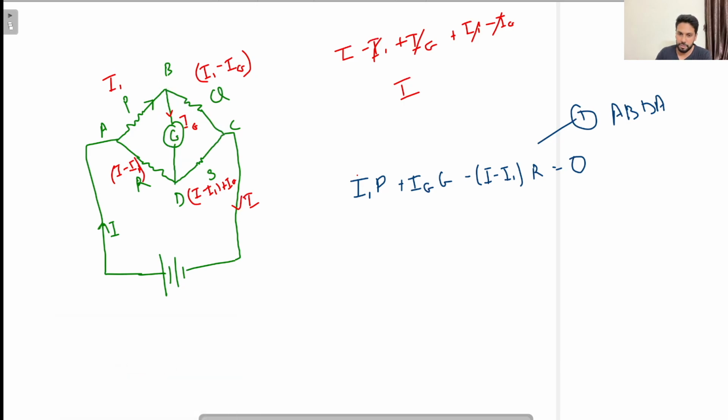Let me start from B, and it's going to be in the direction of current.